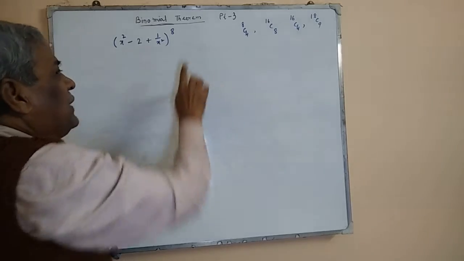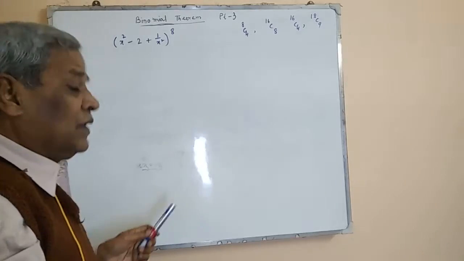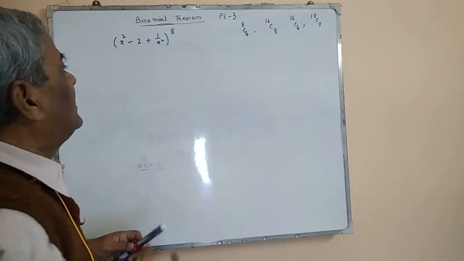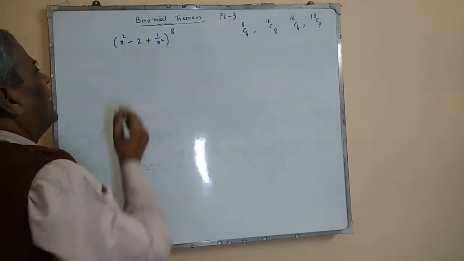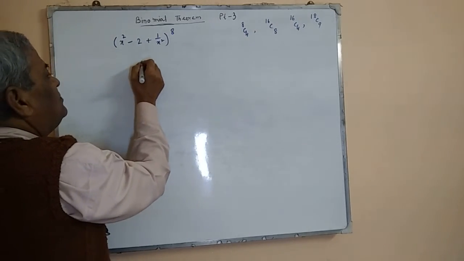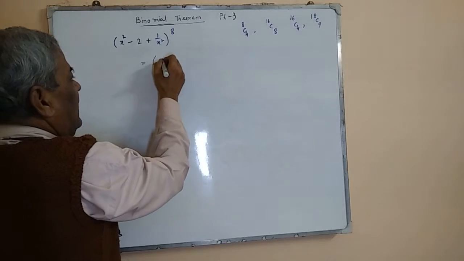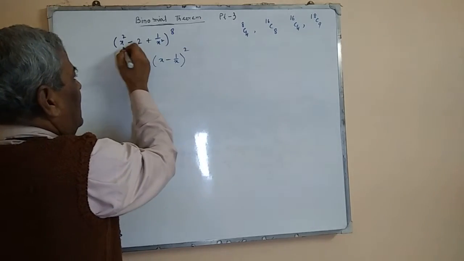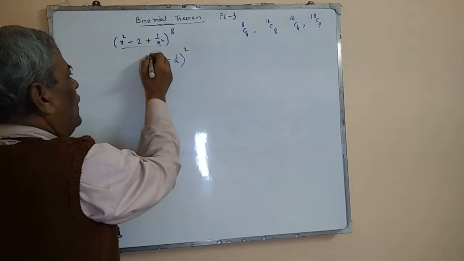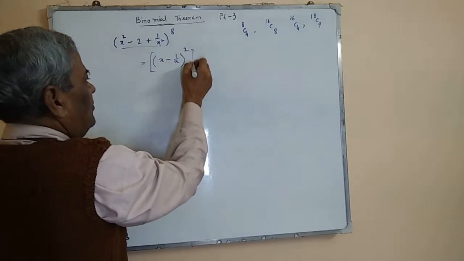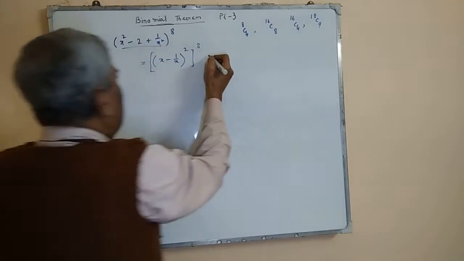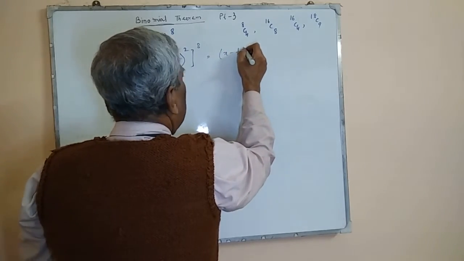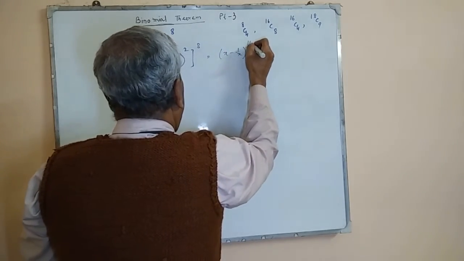In that expansion, we have to find the term which is independent of x, that is containing no x. So this can be written as x minus 1 by x whole square, whole to the power 8, which is equal to x minus 1 by x whole to the power 16.